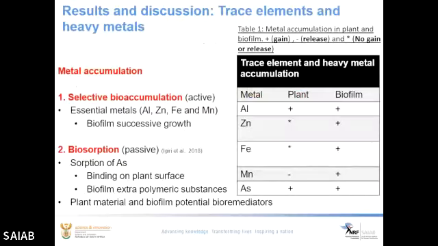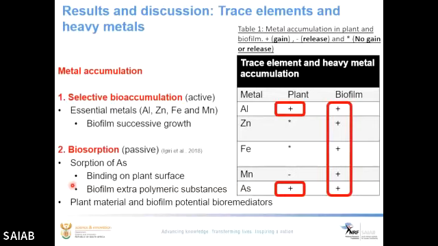For metal accumulation, the plant material significantly accumulated aluminium and arsenic, whereas the biofilm accumulated all metals over the duration of the study. Interestingly, manganese was depleted in the plant material, possibly indicating that the biofilm growing on it was using the plant material as an interface of accumulation.